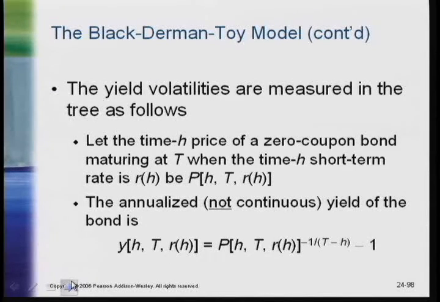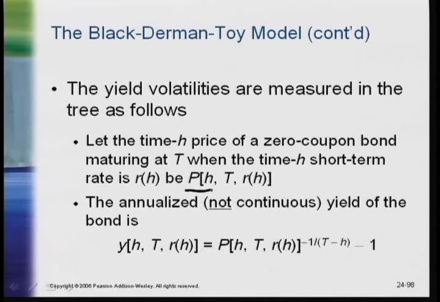So first of all, let's make sure we understand what yield volatility means. I described it intuitively. Here's the math. So using familiar notation, this is the price at time h of a bond maturing at time t, where the short-term rate is RH.